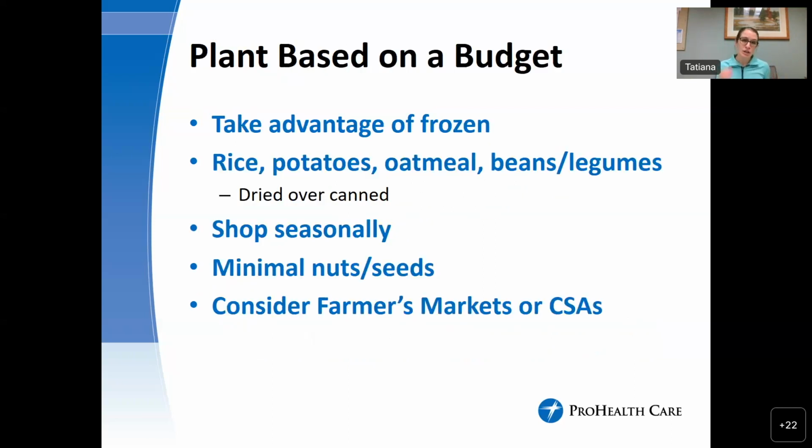There's also the concern that, well, this is going to be really expensive. And not necessarily, because I want to remind you that for most people, one of the most expensive parts of their food budget are their animal meats, when they go to the meat section, you go to the deli section and you're getting turkey, ham, steak, chicken, milks, eggs. We all know eggs, right?